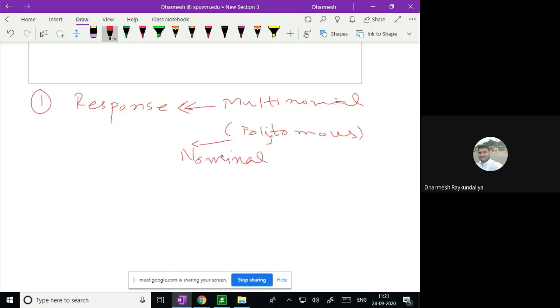So I will develop the models. It is known as a multinomial logistic regression.